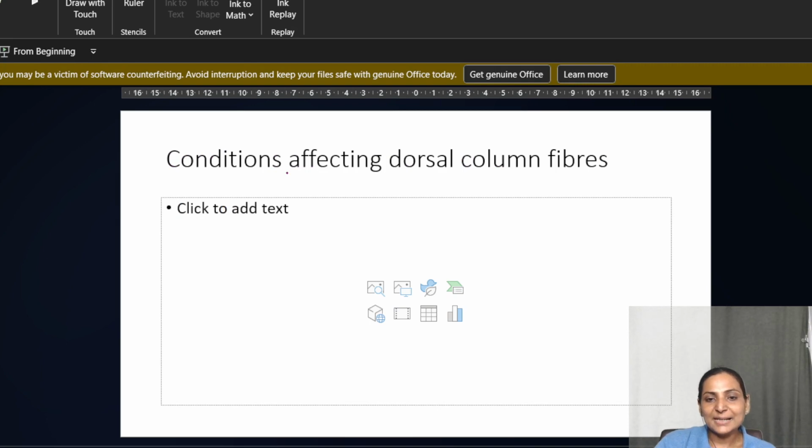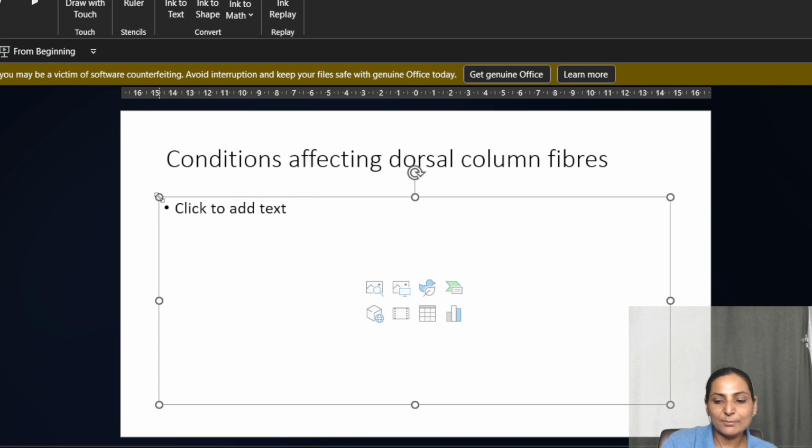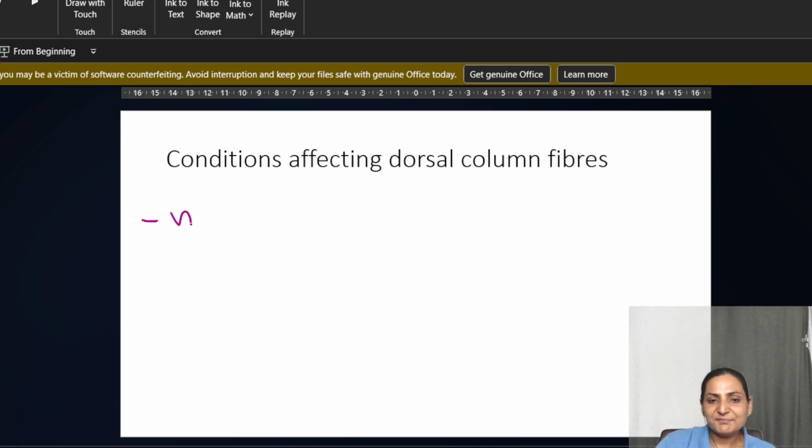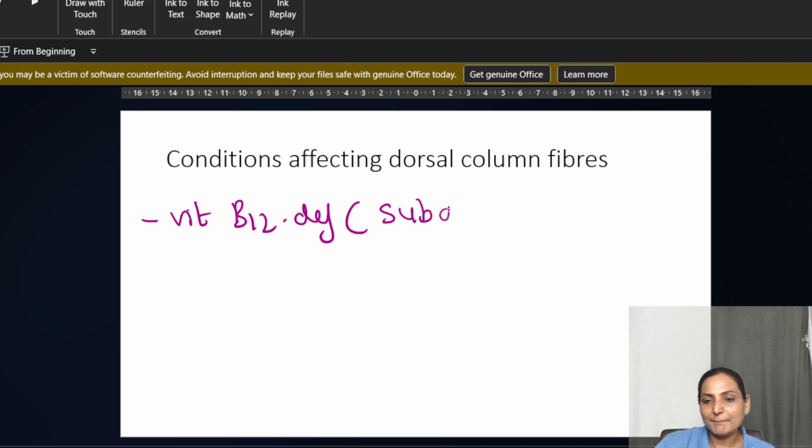Now you must remember that there are certain conditions which can affect the dorsal column. You must remember at least one, two, three. Very common is vitamin B12 deficiency, which is called subacute combined degeneration of the spinal cord.